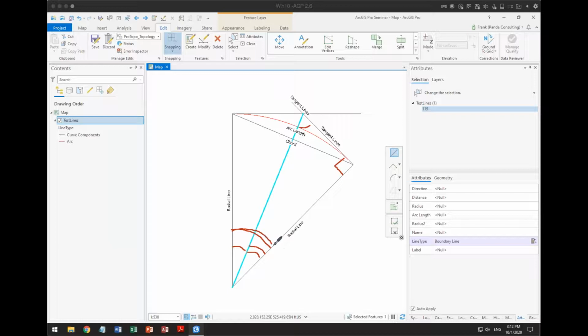This angle here is the same as this angle here. So my central angle here is the same as the angle between this tangent line and this tangent line. These two are the same, because of the way the geometry works.